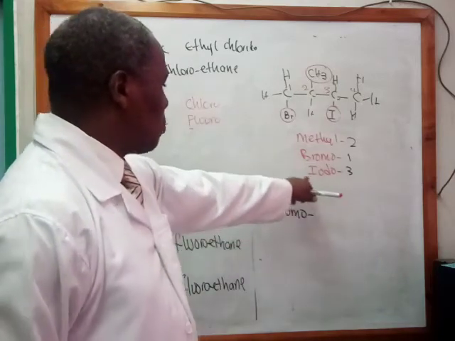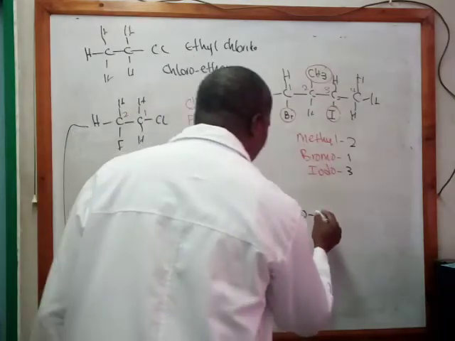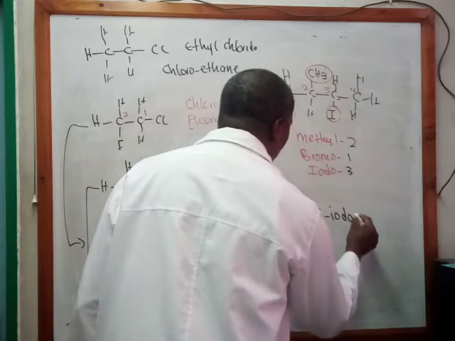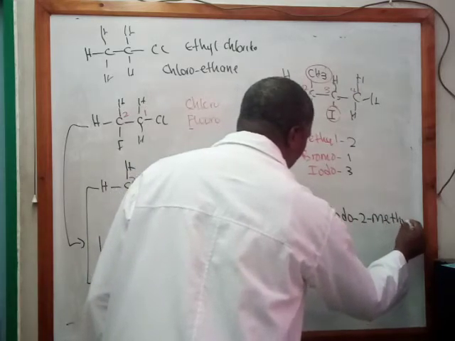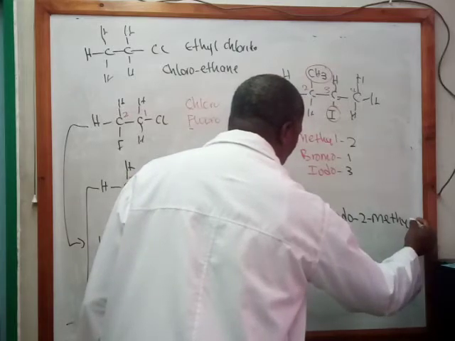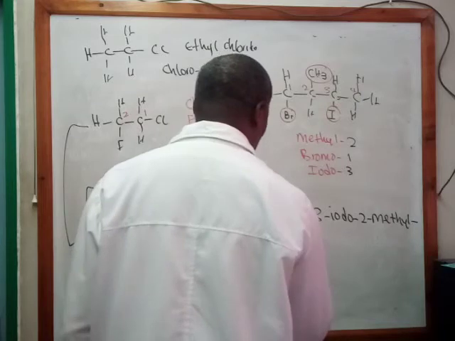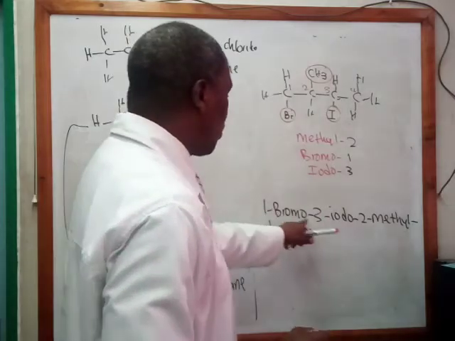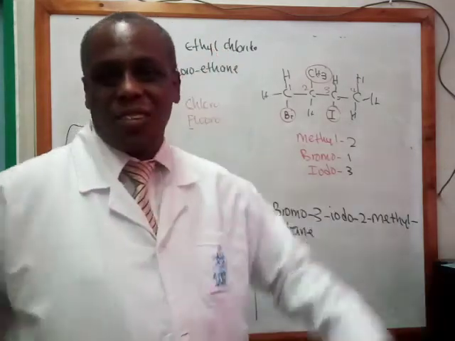After B, I'm going to put I, and then lastly I'm going to put M. So it will be 3-iodo, and then there will be 2-methyl, and then I will put the name of the structure as butane. So it will be 1-bromo-3-iodo-2-methylbutane, all as one word.